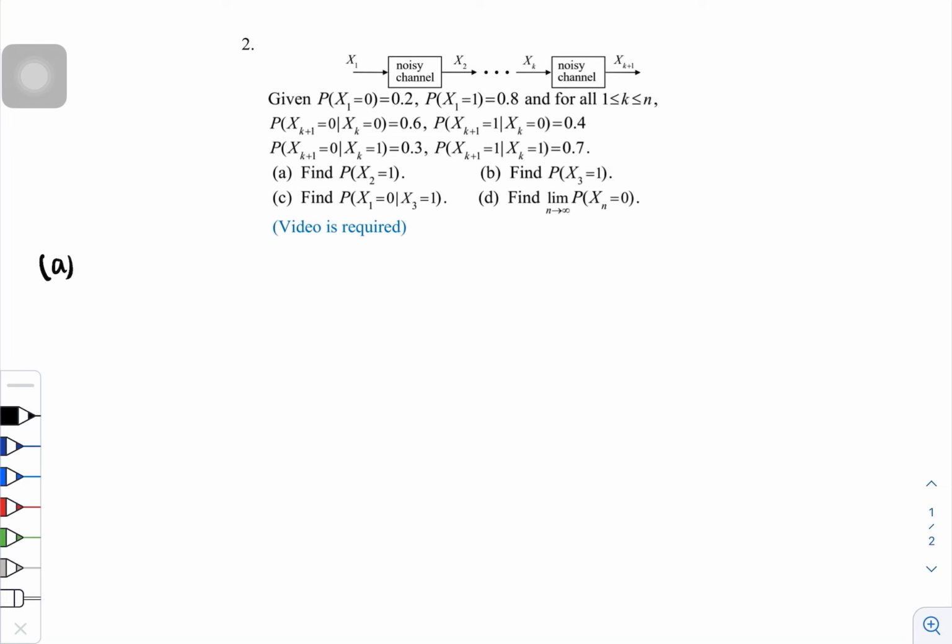For problem A, we can consider two situations. The transmitter sends 1 or the transmitter sends 0.